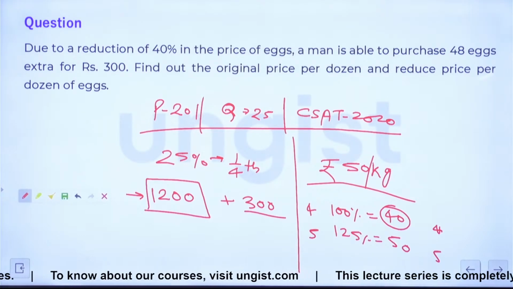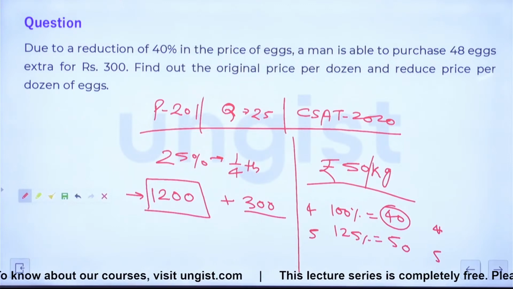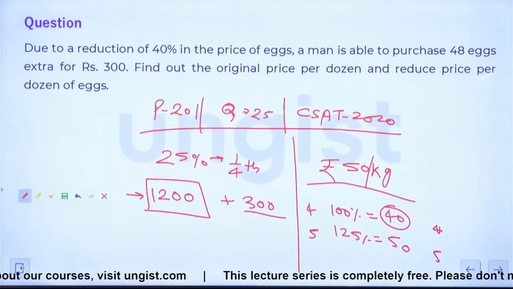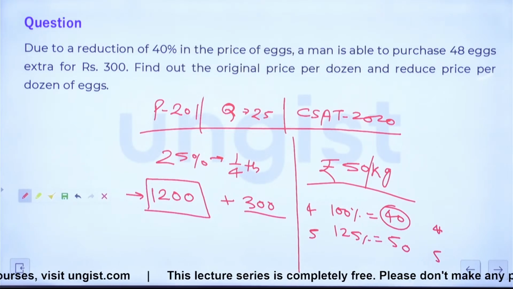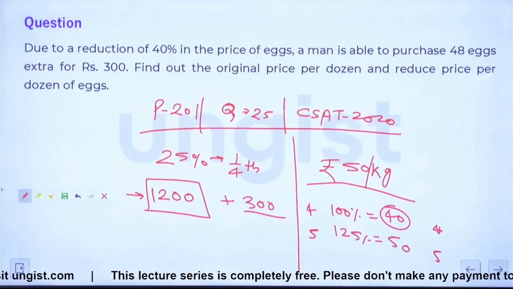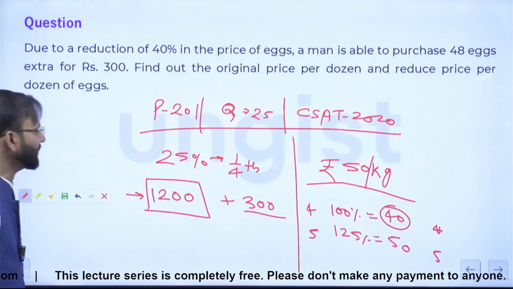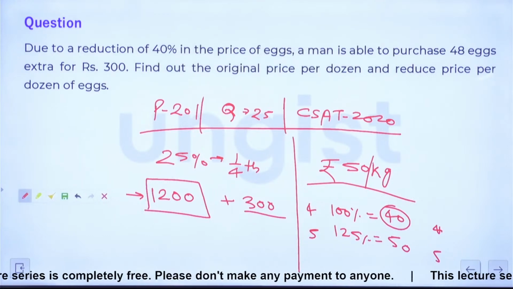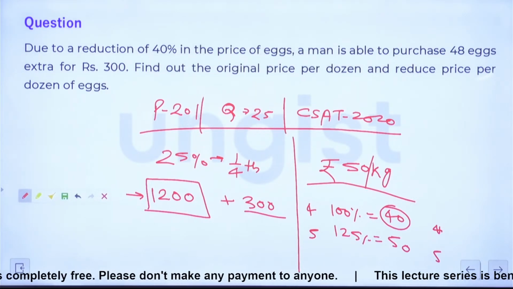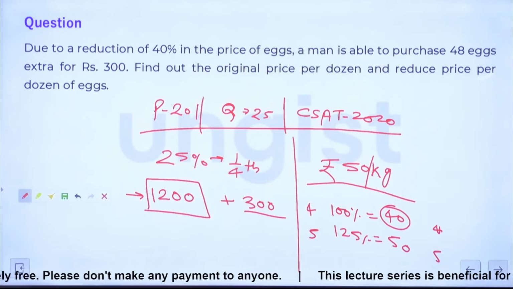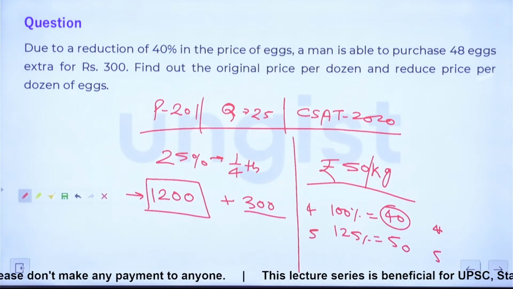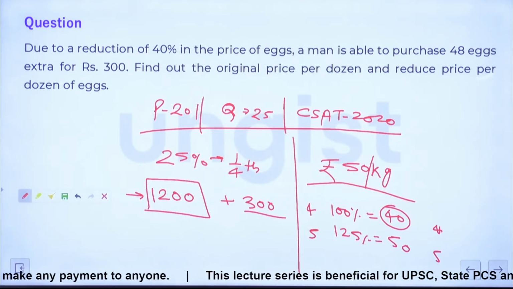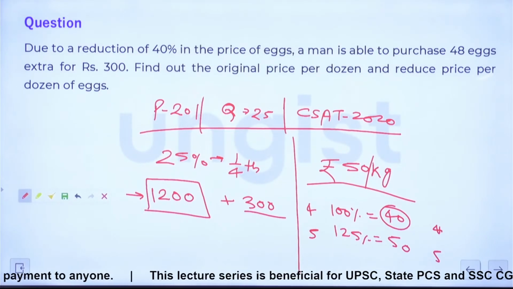Yes, everyone. Friends, fine now? Done? Right? So this was the question in UPSC CSAT 2020. Done? Okay. Shall I move to the next question, guys? Everyone? Shall I move to the next question?